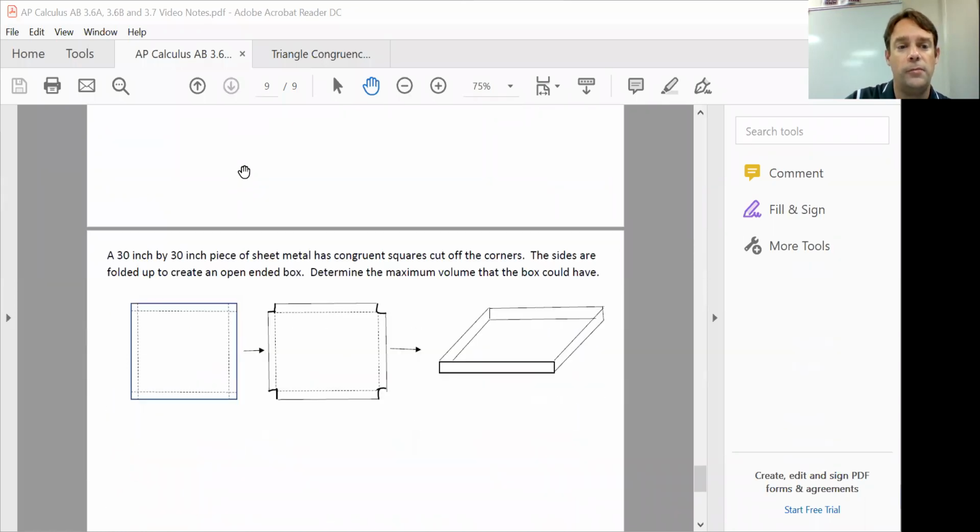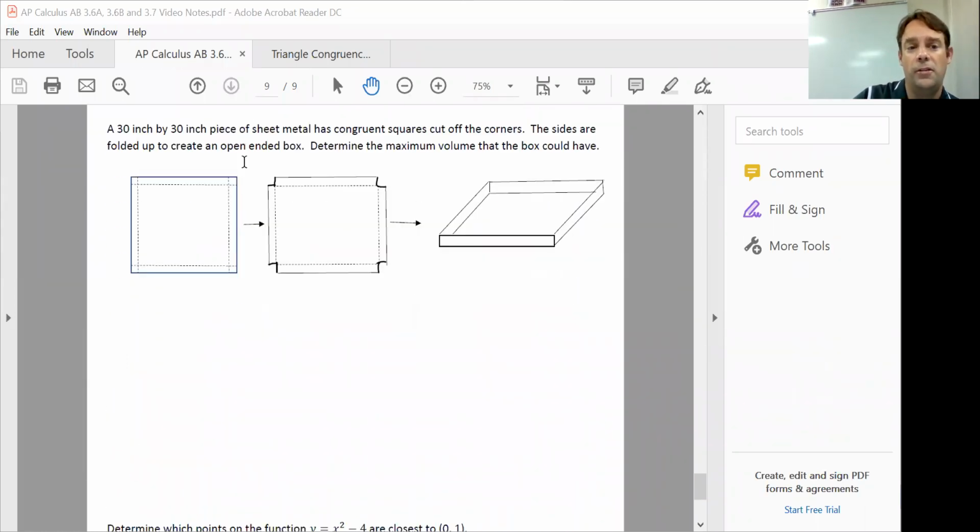Now notice, this one is dealing with a cubic. Quick timeout here.